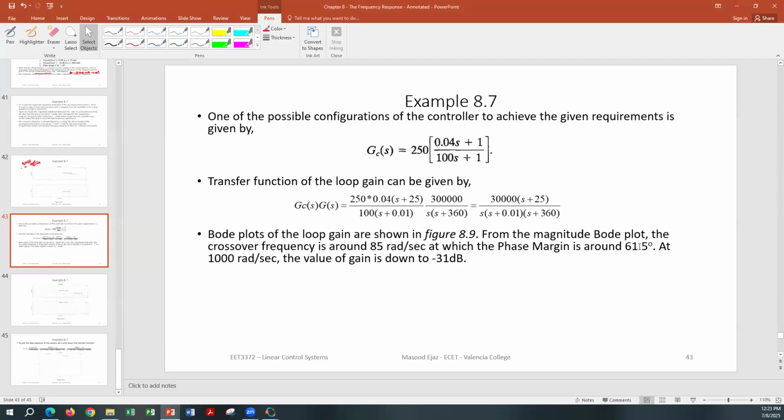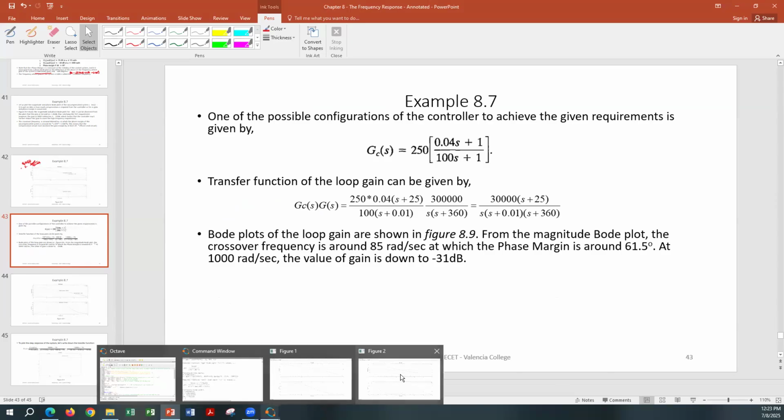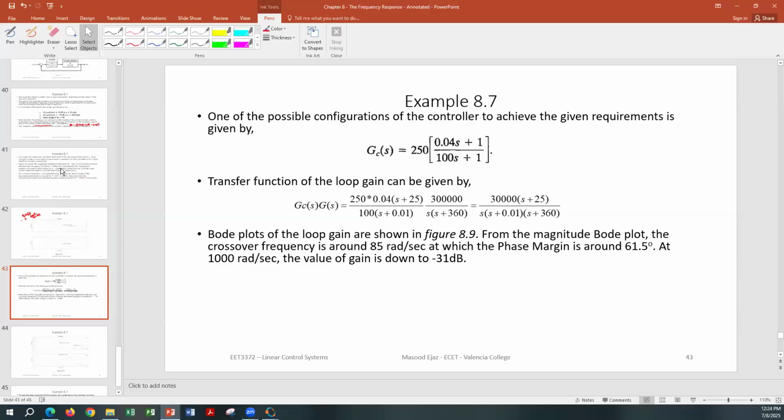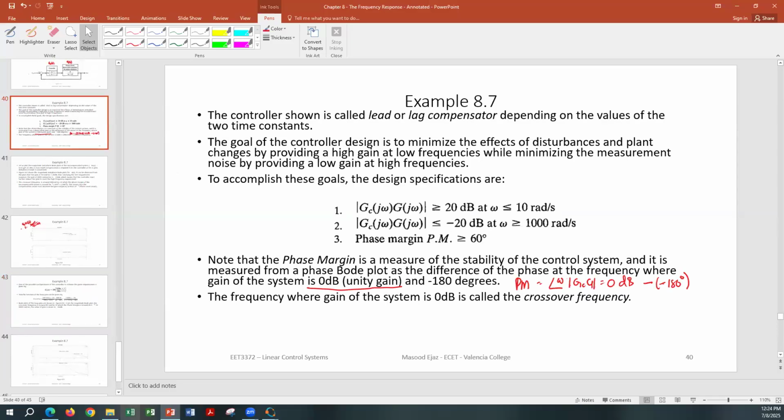Perhaps the measurement was different. Around 60.5 is still greater than the required one, so all three conditions are satisfied. At 1000, your attenuation is negative 32, which is less than the required negative 20 decibels.